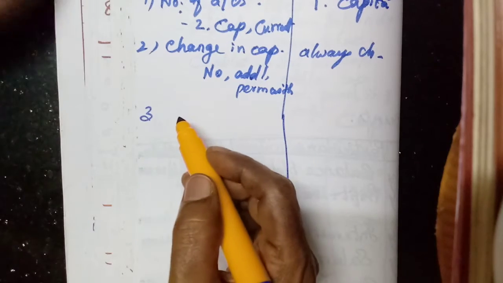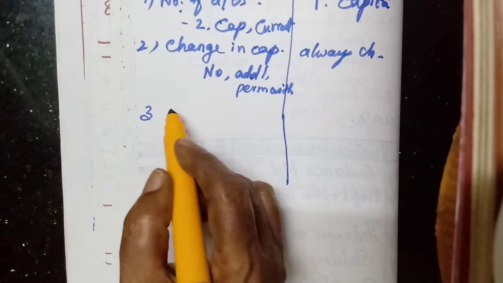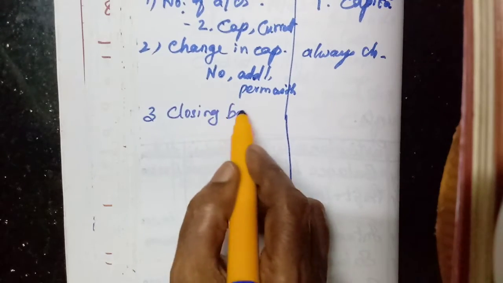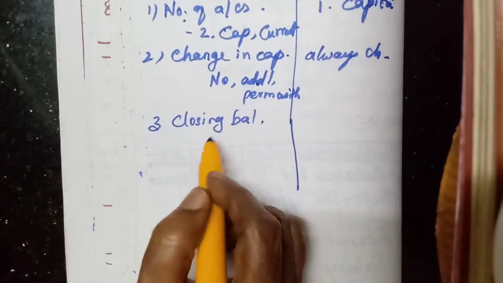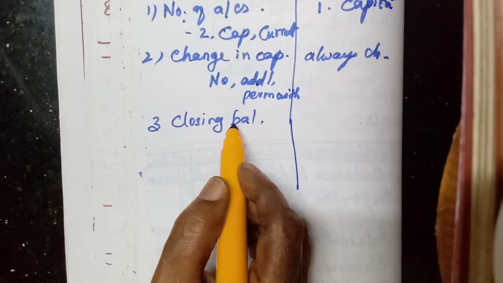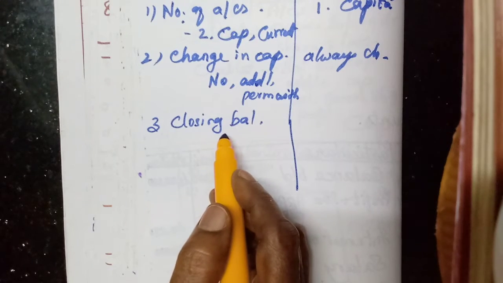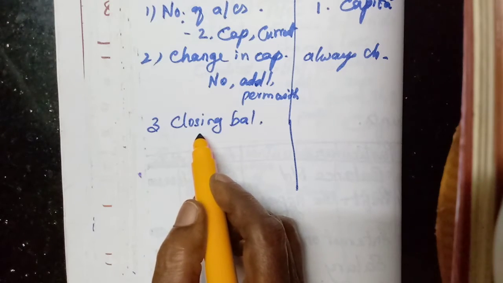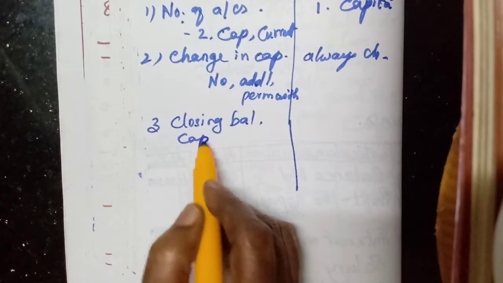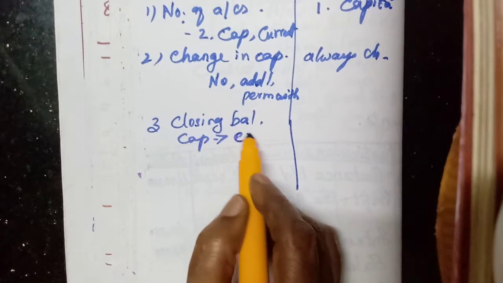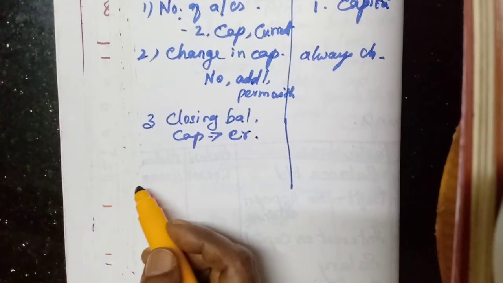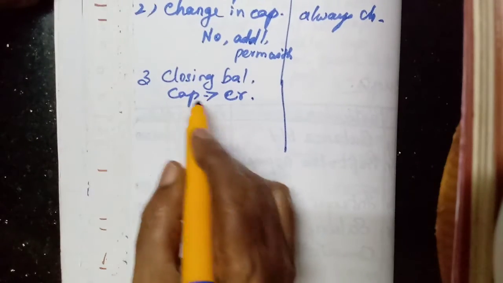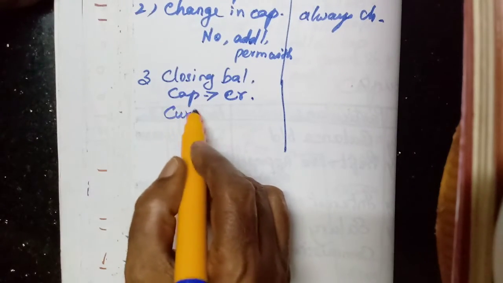Then third difference, the closing balance of accounts. Okay, here in the fixed capital method, that closing capital will always be in the capital account. Okay, it will always be a credit balance. Closing balance of the capital account under the fixed capital method. But here we prepare two accounts.